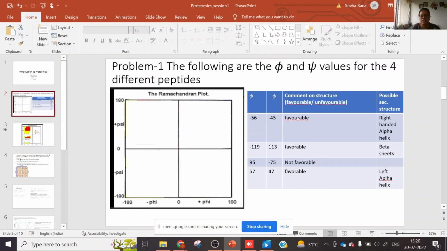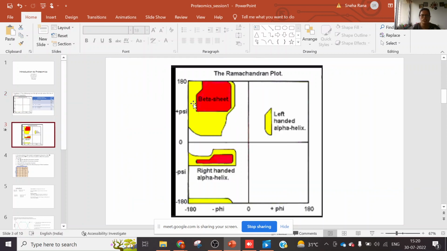Whereas in the second one, the phi value is minus and the psi value is 113, positive, so it's beta sheet. This is a very important discovery. You can predict a secondary structure depending upon a peptide sequence. If you have a particular sequence, you can figure out which structure it can adopt.